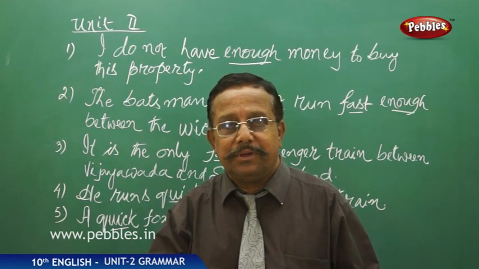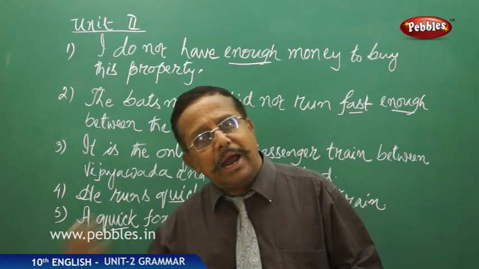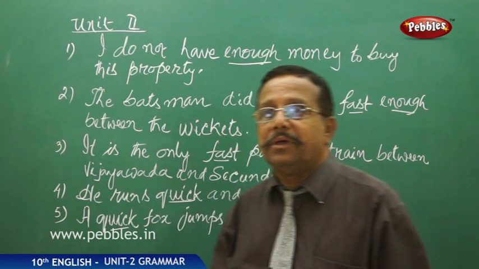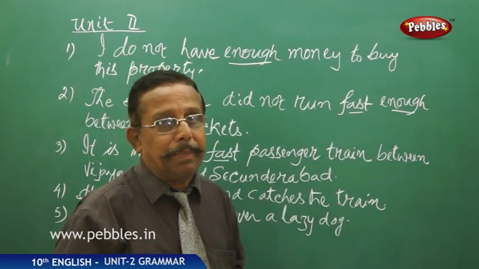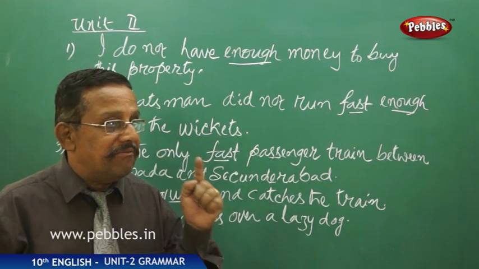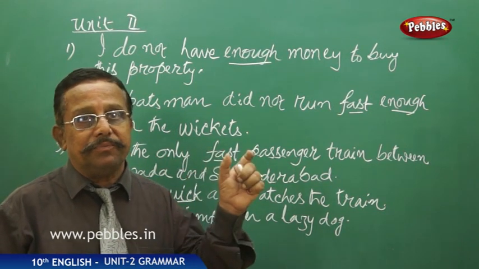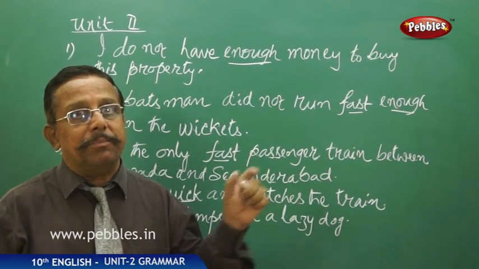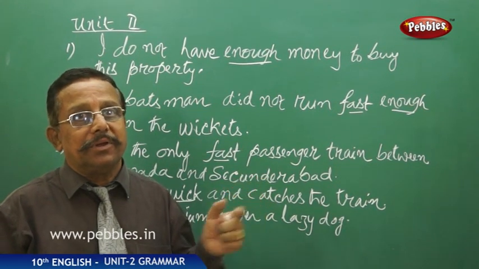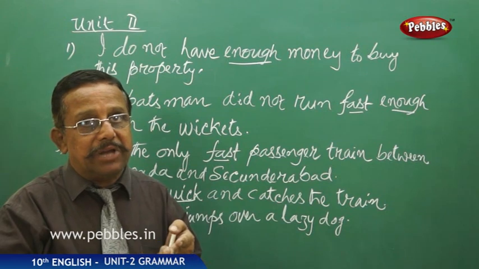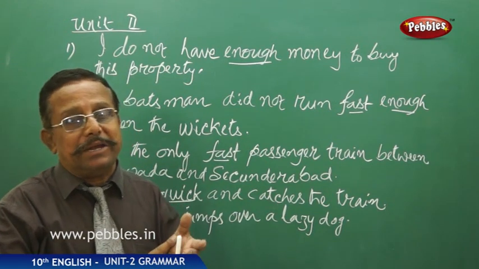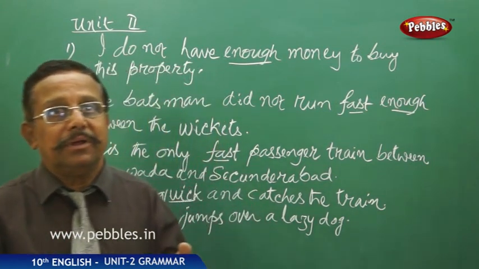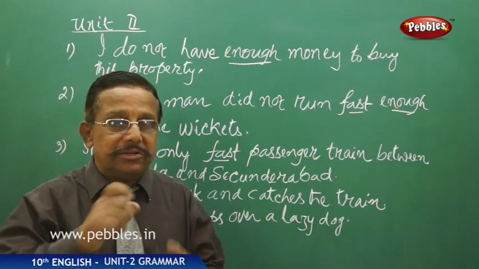And now what is an adverb? Adverb describes a verb. That means this adverb adds something to the verb. What does it add? How it is done, where it is done, when it is done, why it has been done. The manner, the reason, the place and the time of the work done. That is adverb.